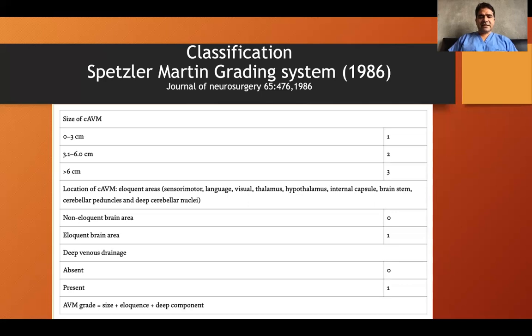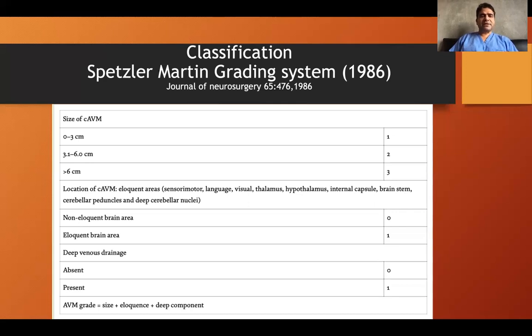Size has three grades: less than 3 centimeters is given 1, 3 to 6 centimeters is 2, and more than 6 centimeters is 3. Size is defined as the maximum diameter of the nidus in angiography. Another is location, non-eloquent or eloquent.